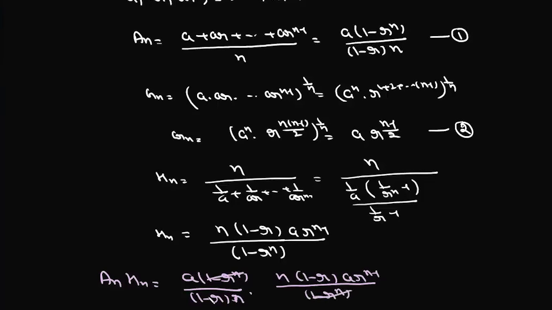Now 1 minus r to the power n, 1 minus r will cancel. This n will also cancel. So we'll get this as a square r to the power n minus 1, which is nothing but Gn square. So basically An, Gn and Hn, they are in GP.